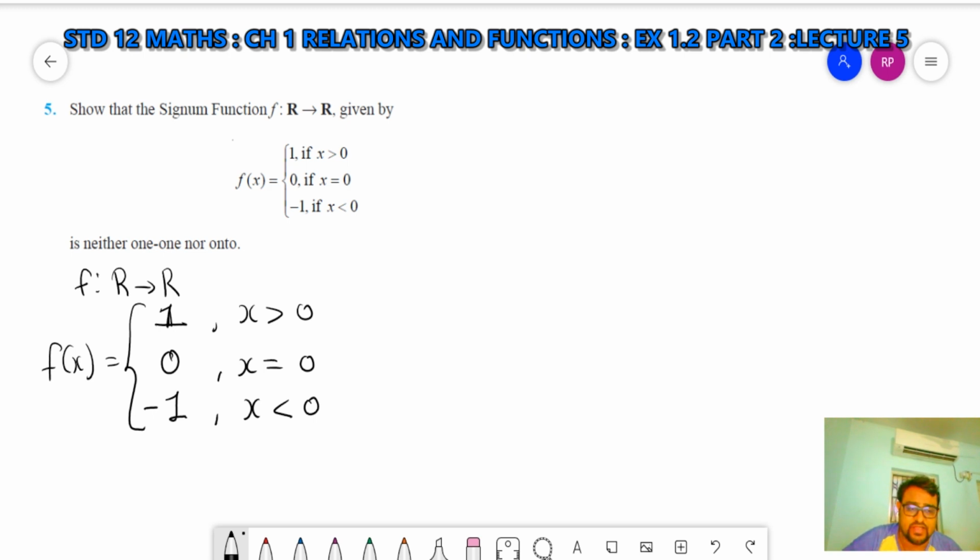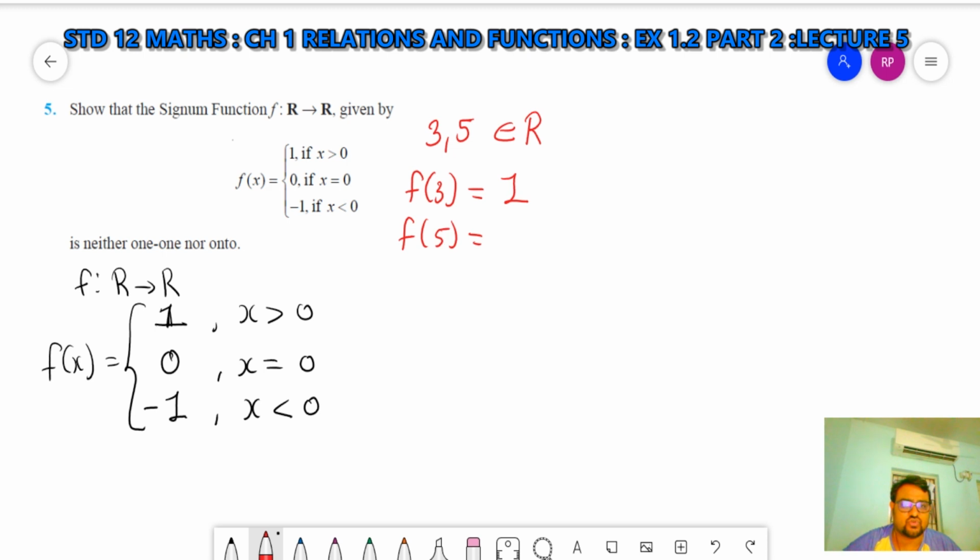So first, it's very easy now, and it is given that you have to prove it is neither one-one nor onto. Now let's take any two positive numbers, any two numbers greater than 0, 3 and 5. Both of them belong to R, the domain. What is f of 3? Greater than 0, so 1. What is f of 5?